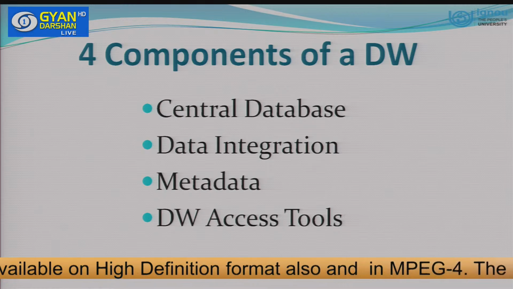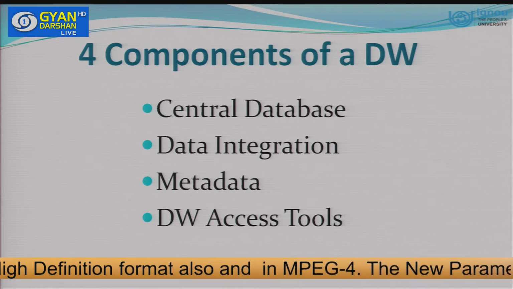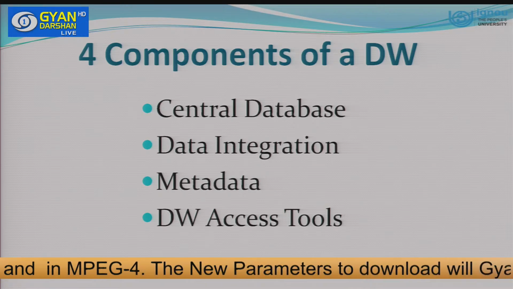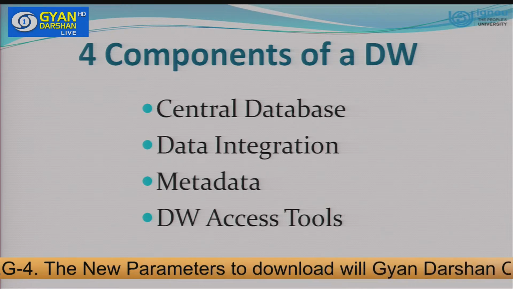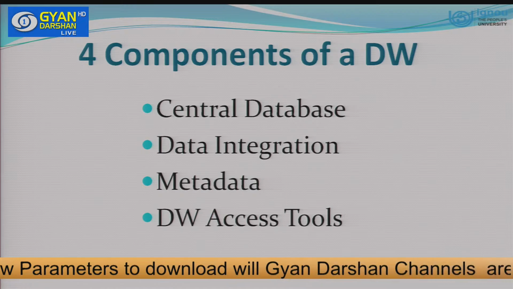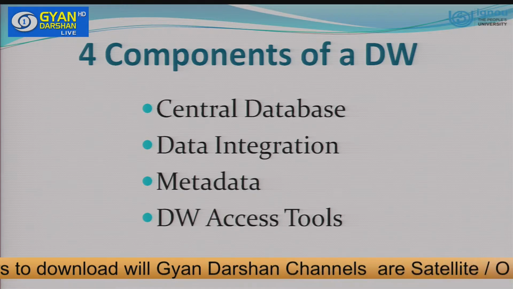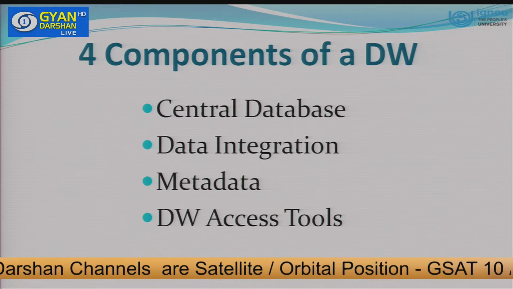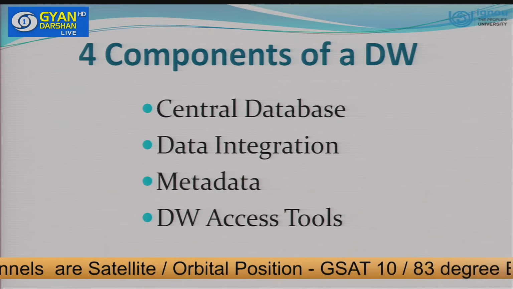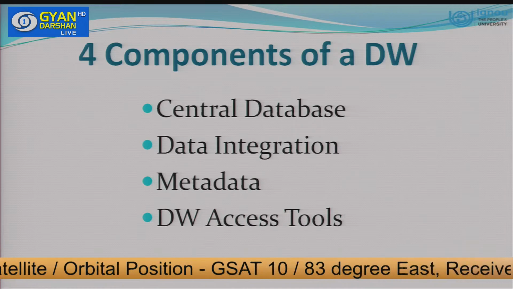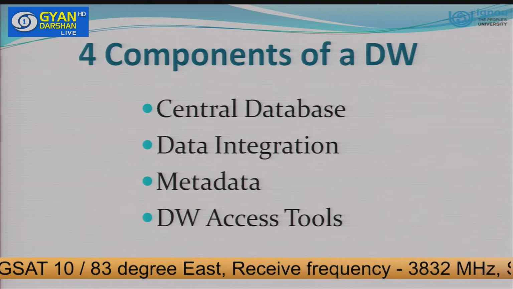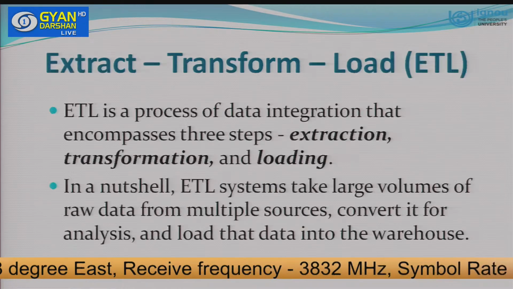So here comes the ETL, extract, transform and load, as part of the data integration, and that loaded data will be residing in the data warehouse. Then comes the metadata, which is data about the data, and then the data access tools, which are very helpful in order to find out the insights or to access the various data from the data warehouse.